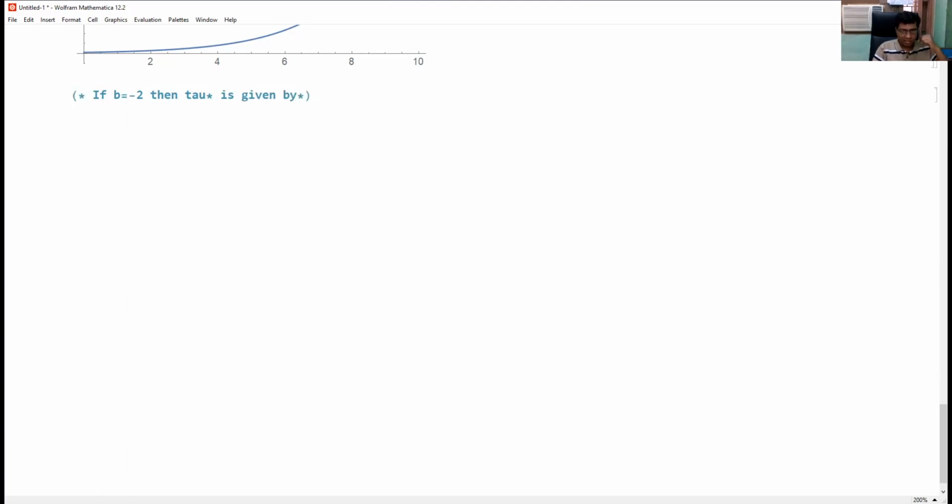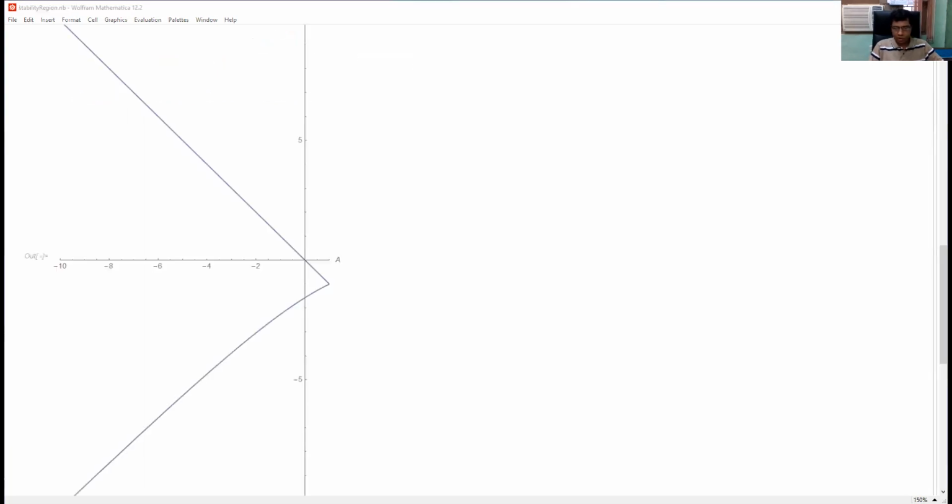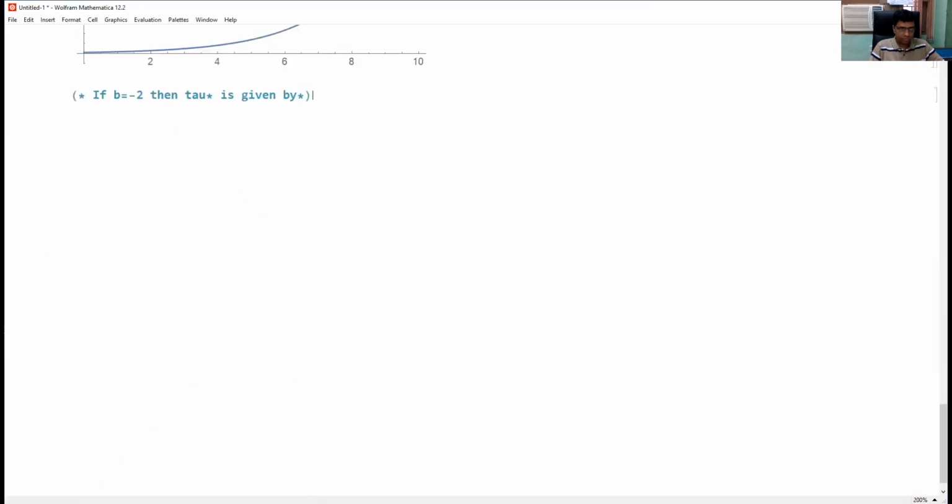what is tau star? Tau star is given by one formula. Tau star is 1 upon square root b square minus 1 cos inverse minus 1 upon b. What is b square?